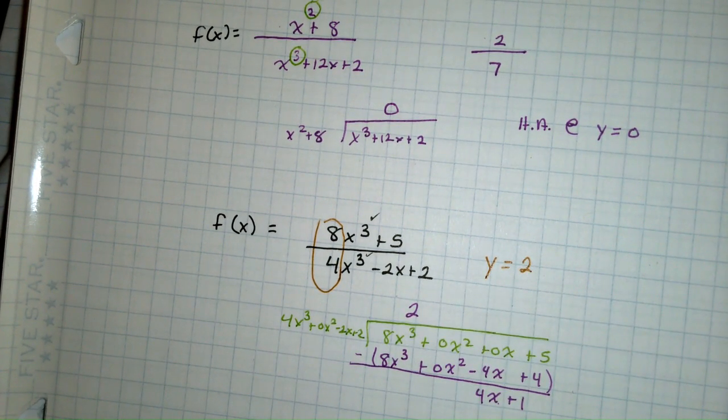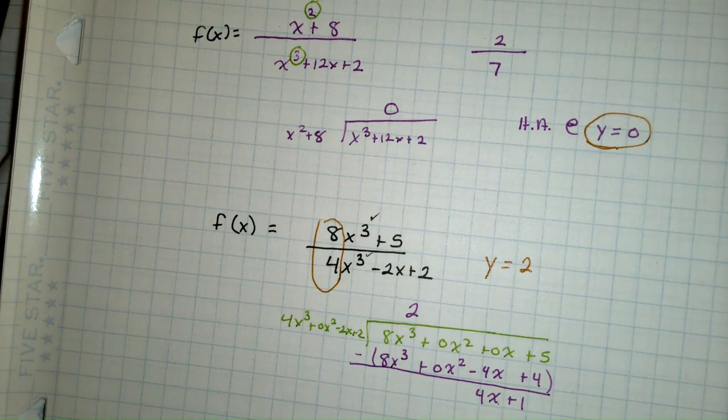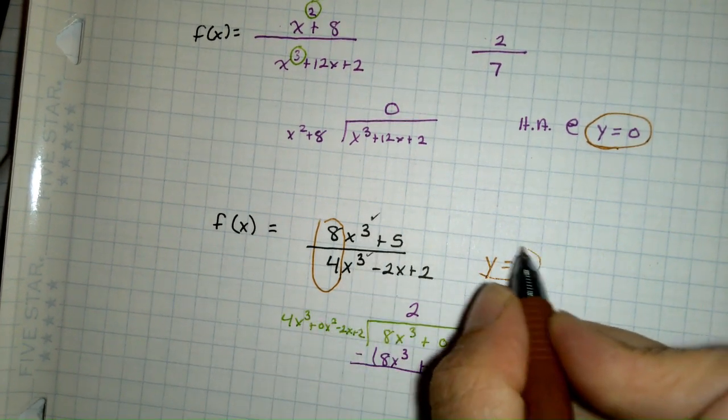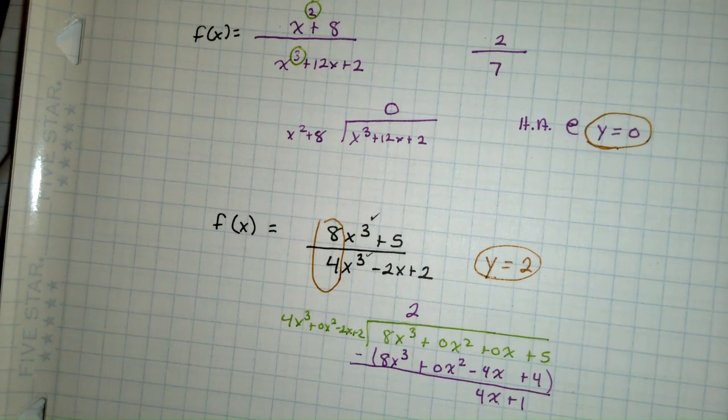Okay, so when it's bottom heavy, it's going to be a horizontal asymptote at 0. When the degrees match, you can use the lead coefficients. If you're not in one of these two scenarios, then that's when the oblique asymptotes happen, and you have to divide and ignore the remainder. There's no way around it.